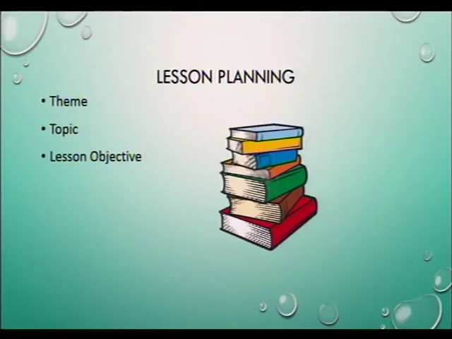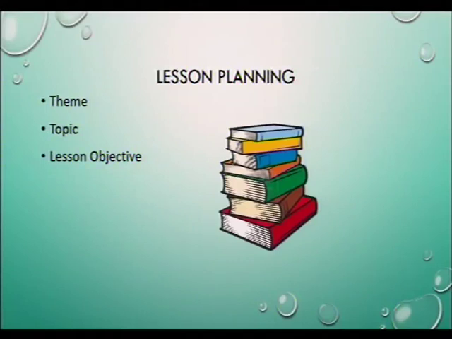Here, I as a teacher have in my head what I want to achieve at the end of my lesson. So the lesson objective should always include that at the end of my lesson, the learners must be able to do something. They must be able to either explain, identify, classify, name.